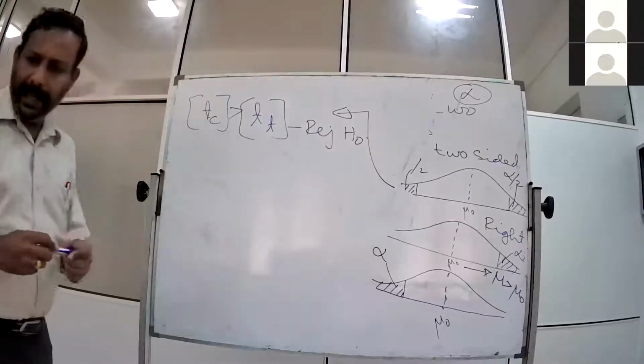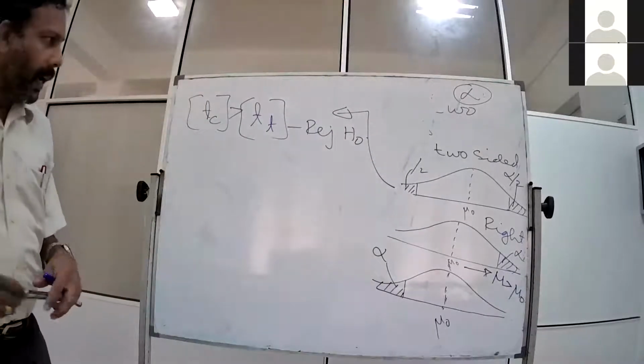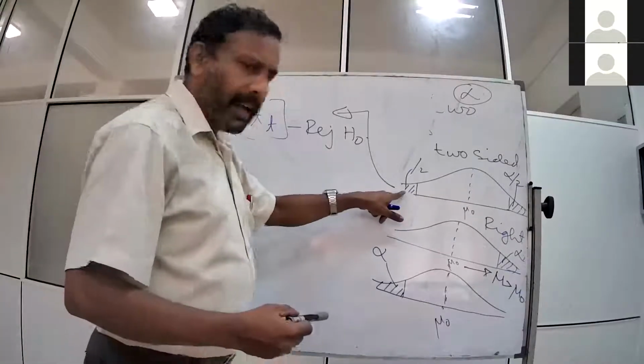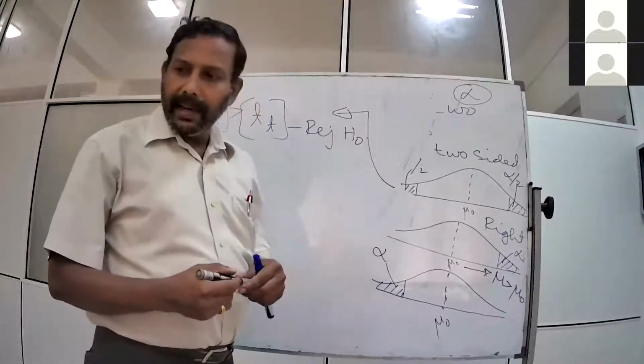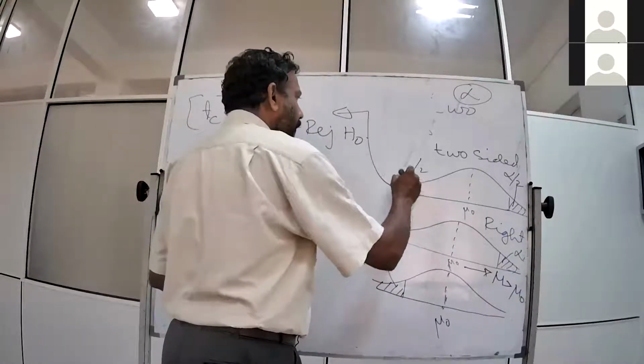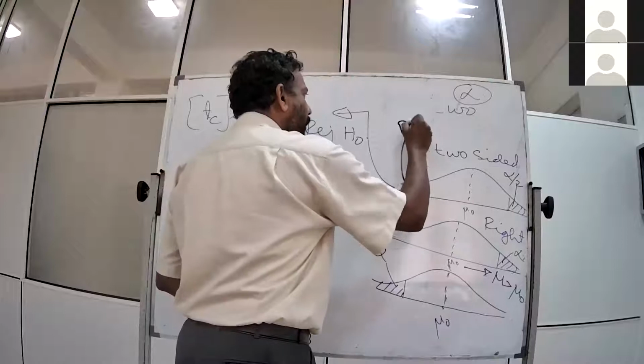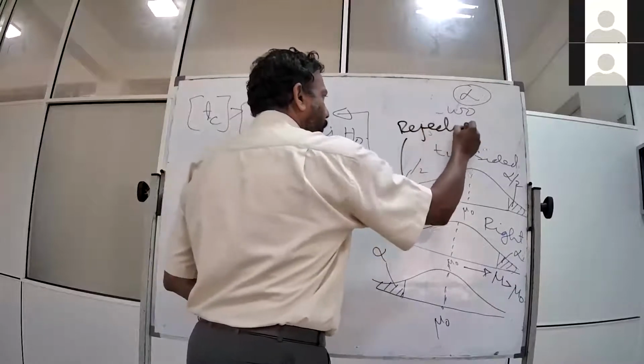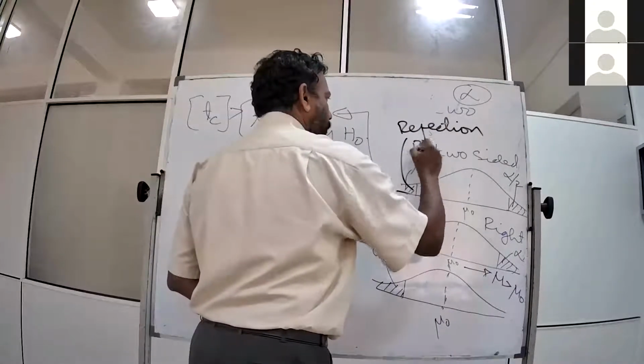Why do we say we reject our null hypothesis? The shaded areas are called the rejection region.